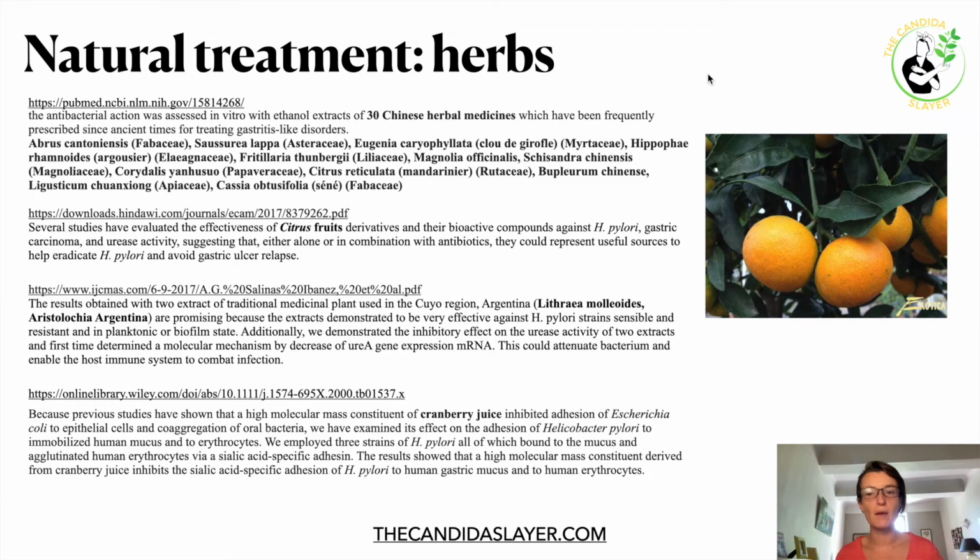Even if we call them antibacterial herbs, they are much more than that. They are much more broad spectrum compared to the chemical drugs. You cannot have a fungal overgrowth happening when you take natural remedies, because they are broad spectrum. They will regulate everything. They will regulate bacteria, they will regulate fungi, they will regulate parasites, okay?